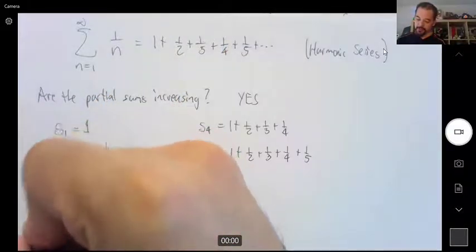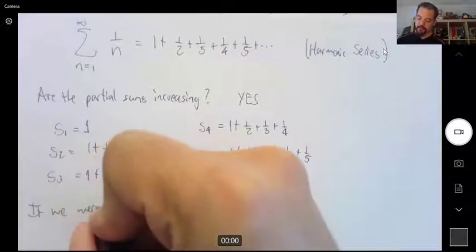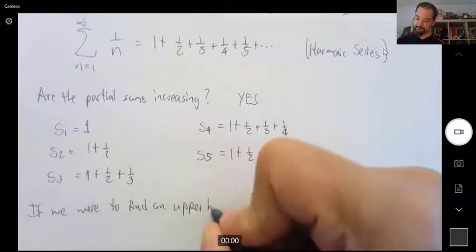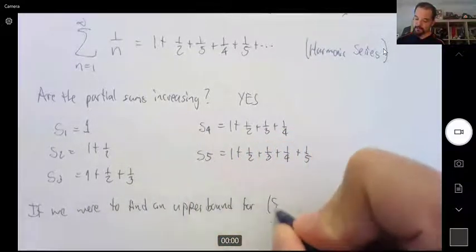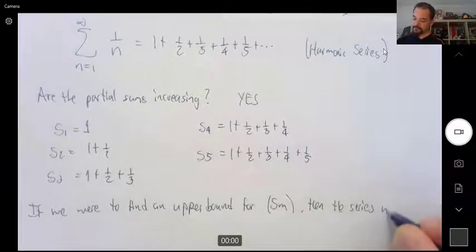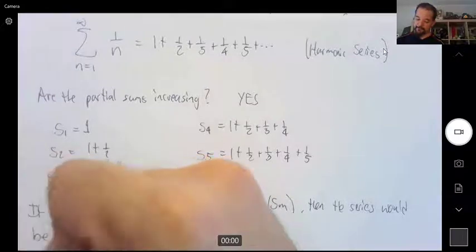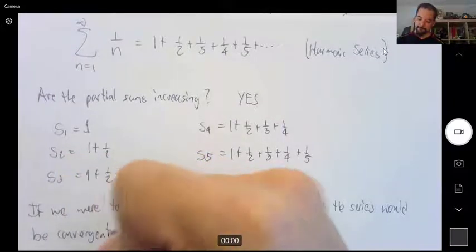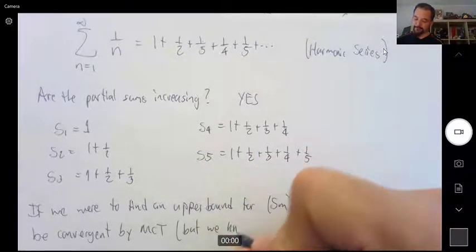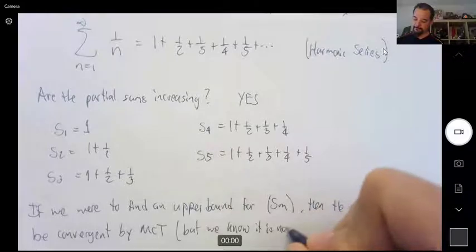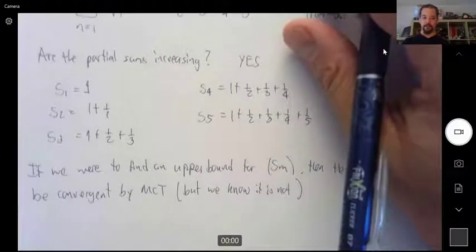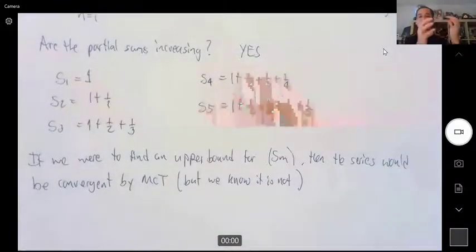If we were to find an upper bound for S_m, then the series would be convergent by the monotone convergence theorem. But we know it's not. So that means we cannot expect to find an upper bound.